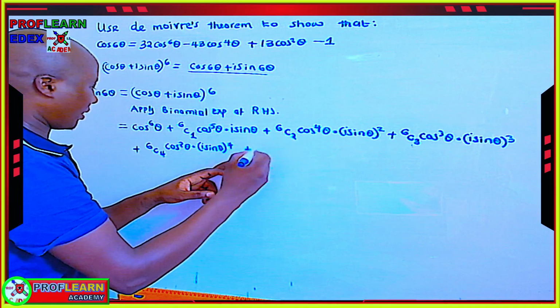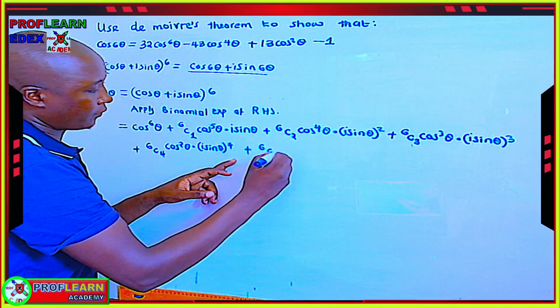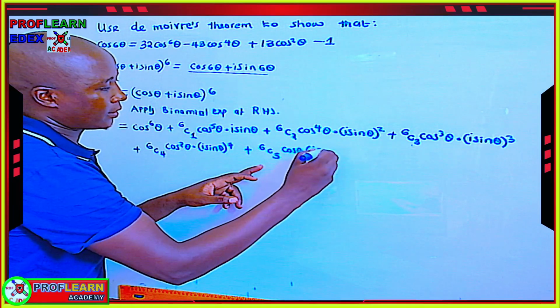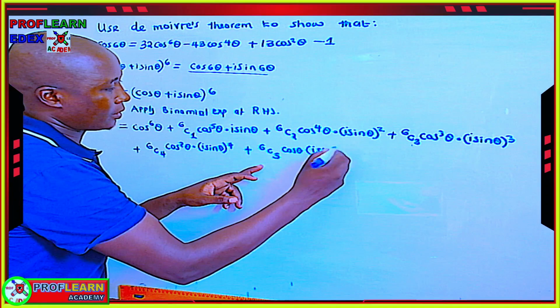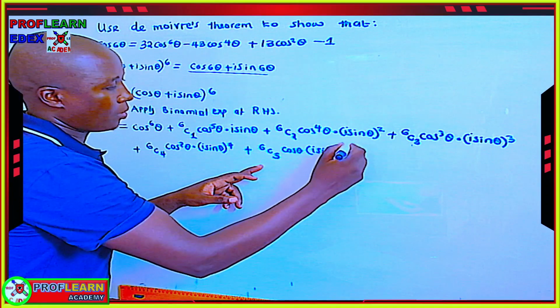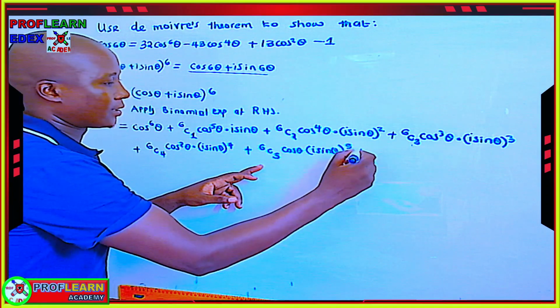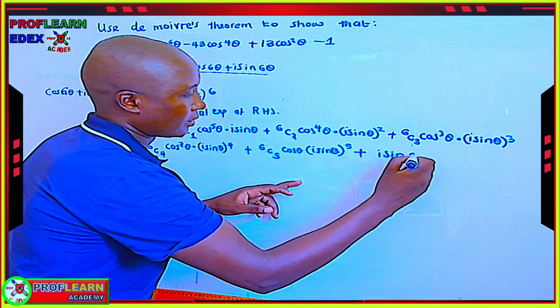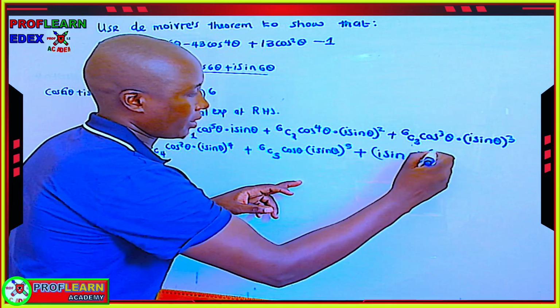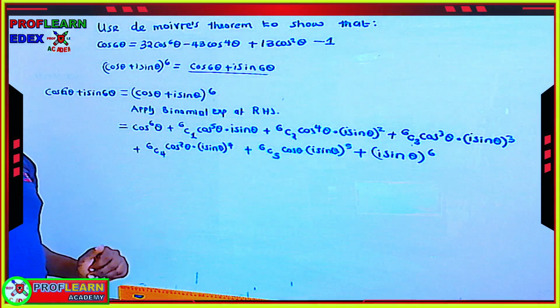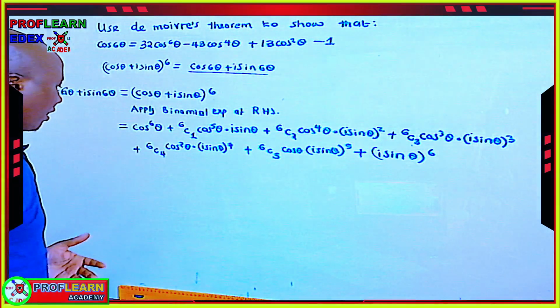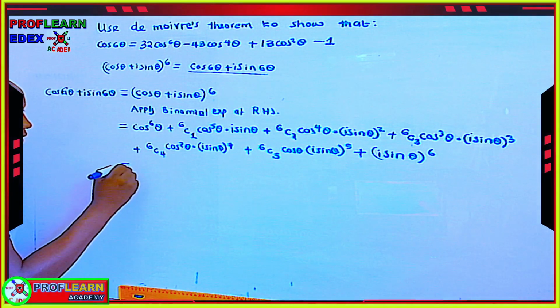We have plus 6 combination 5, cos θ times (i sin θ)^5, and then the last term is going to be (i sin θ) raised to power 6. This is the expansion that we now need to simplify in order to have our expression.